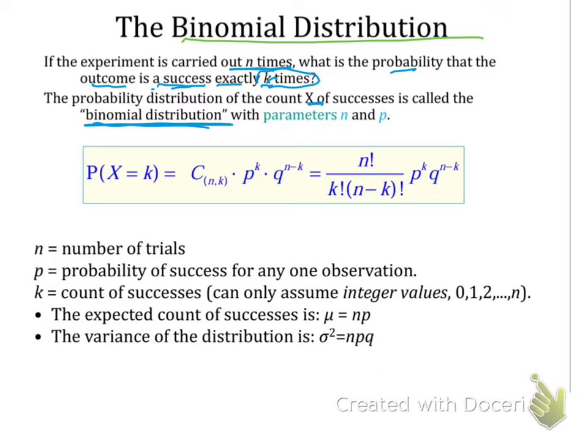With parameters n, the number of times of repeating it, and p, the probability of success, the probability of survive in the case of the survive. If I'm talking about the tail and the head, if the tail is the success, so the probability of the tail, okay?